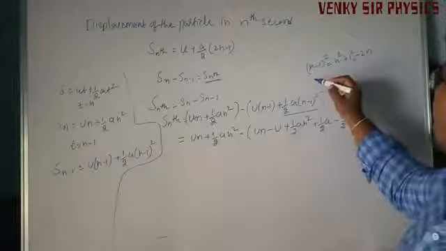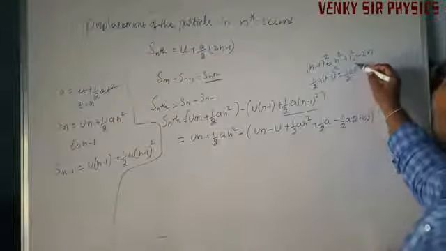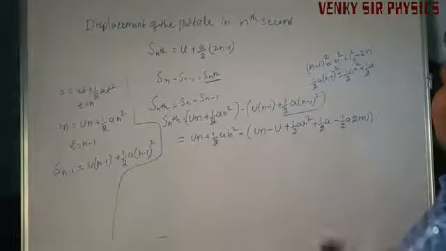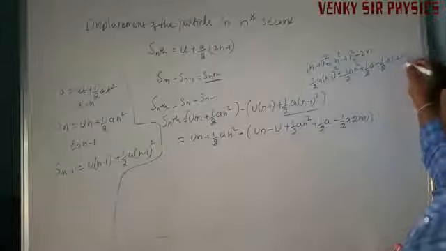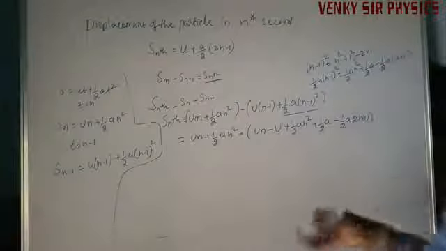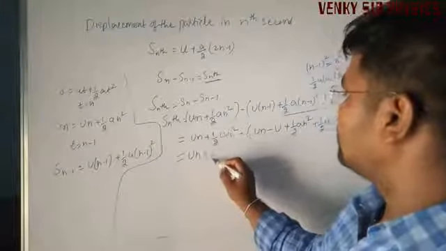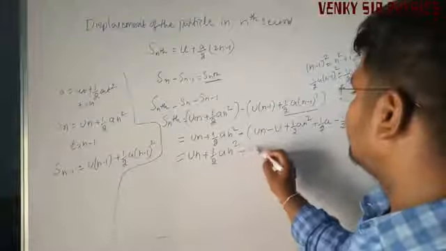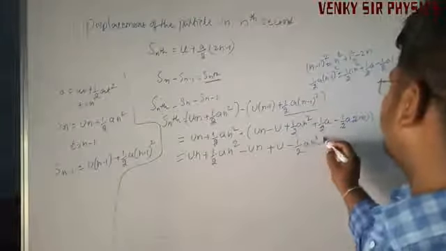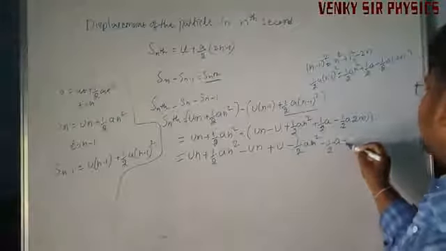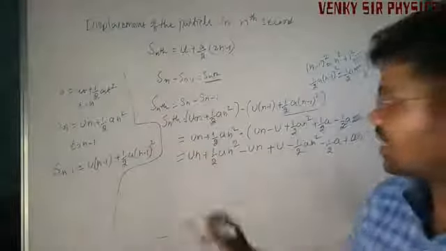By subtracting 1 by 2 a, we get 1 by 2 a n square plus 1 by 2 a minus 1 by 2 a into 2n. Now rearrange: un plus 1 by 2 an square minus un plus u minus 1 by 2 an square minus 1 by 2 a plus an.